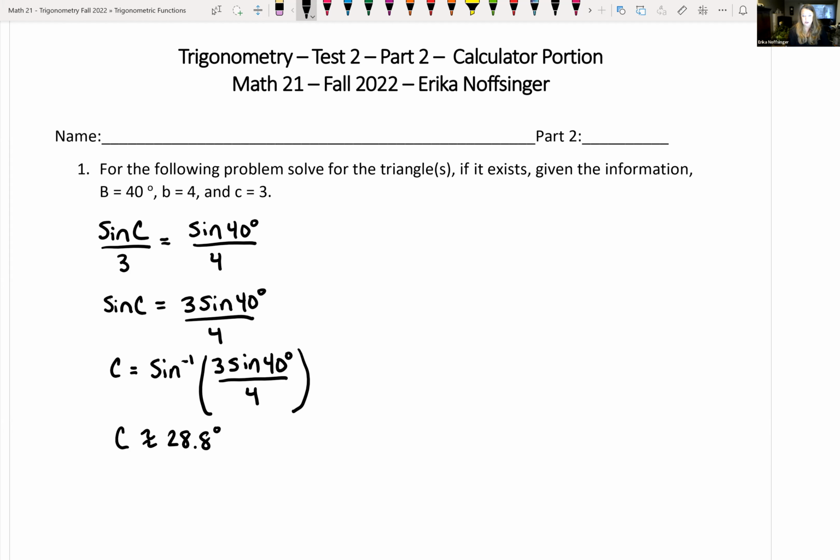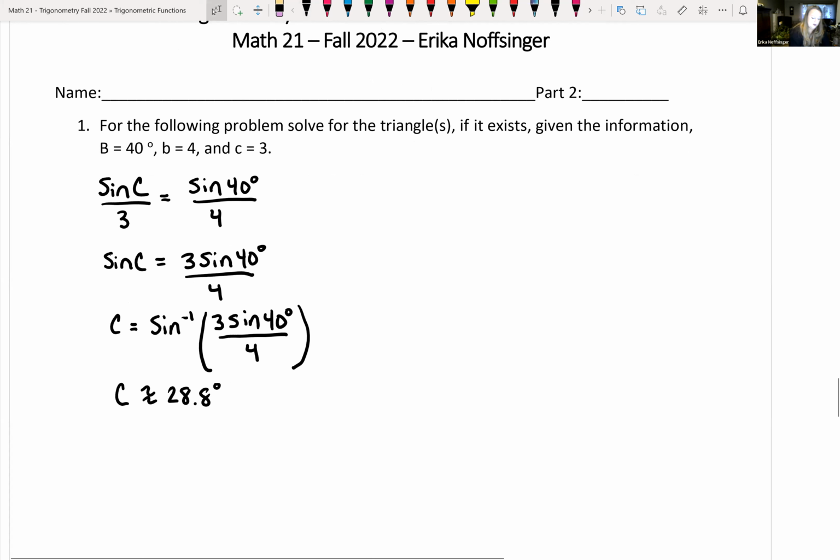So I'm going to assume that two triangles exist. If the second triangle doesn't exist, I'm going to get a contradiction. So for triangle 1, I have C is approximately 28.8 degrees.